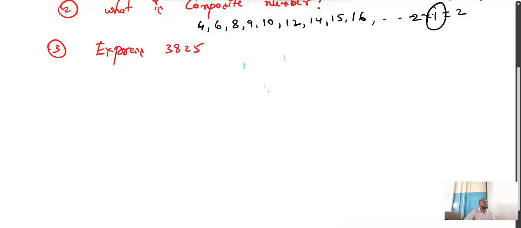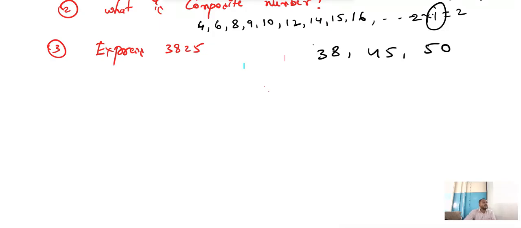Observe here. First, let me explain how to solve this type of problem. Look at here, children. Any number you take, if the number is ending with an even number, please listen carefully, then we should take 2 as a factor.